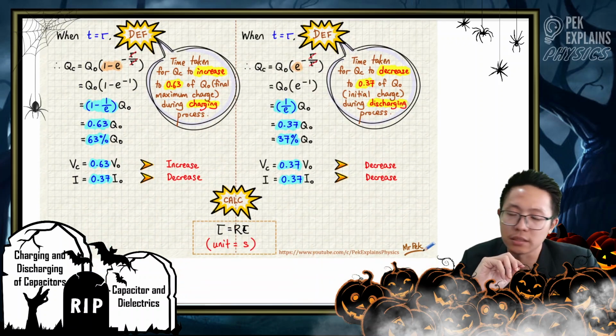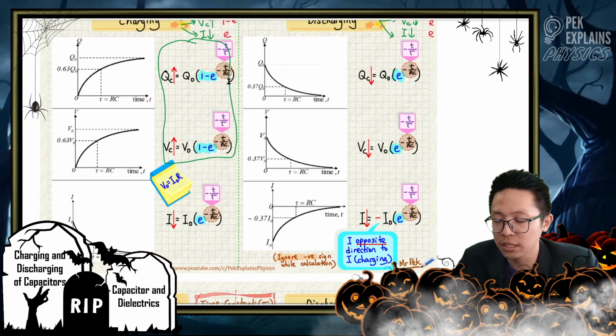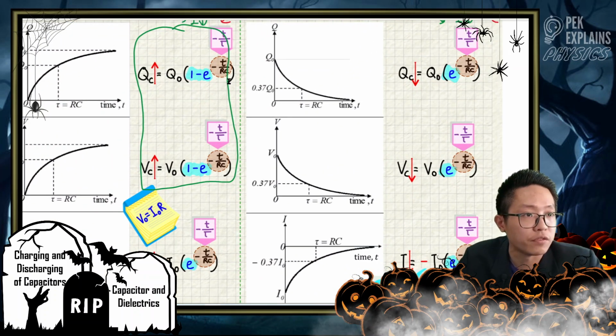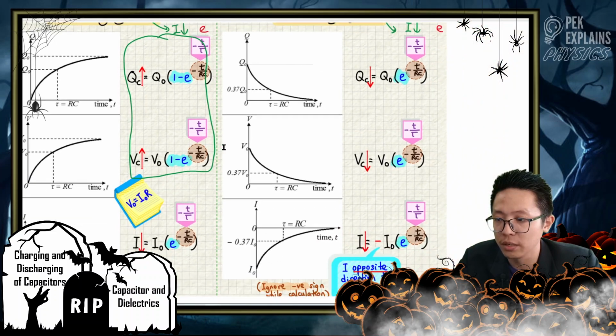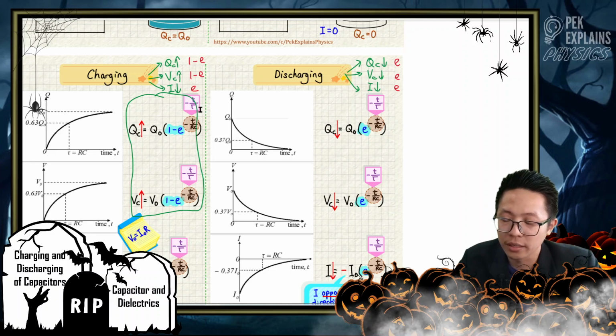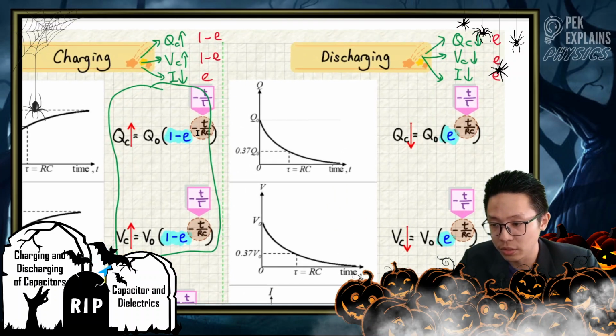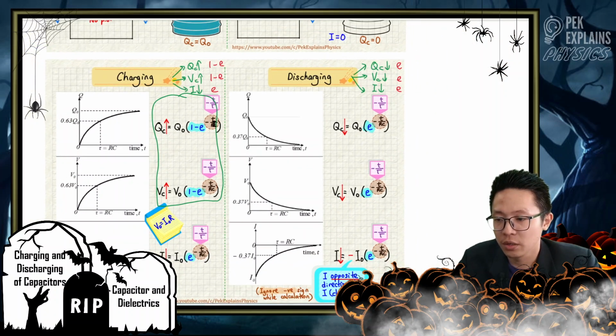Since the time constant equals RC, we can substitute. You see here we have RC. Do you notice in the formulas we have RC here, and here? We can substitute this RC with the time constant, the tau. Tau is the Greek letter for T. So for each of these, we can change it to negative T over tau.